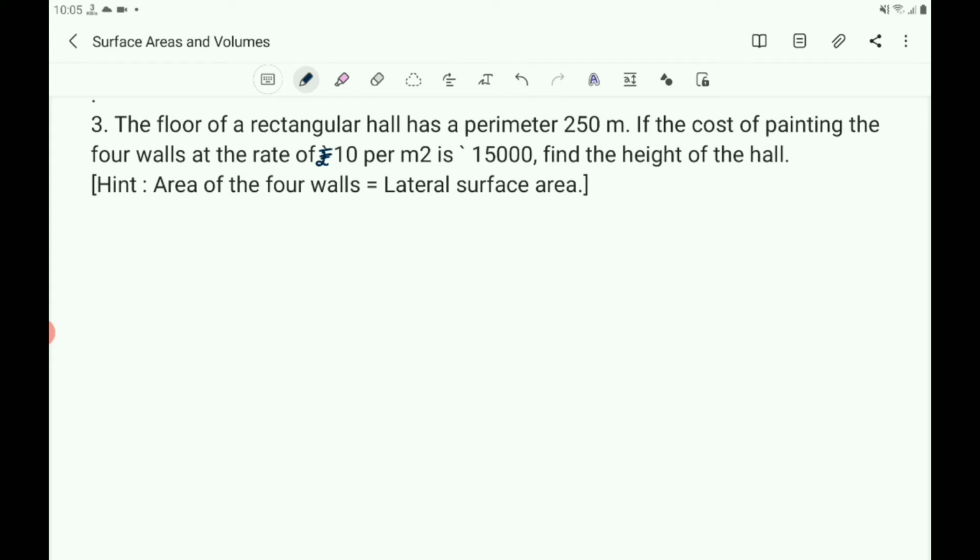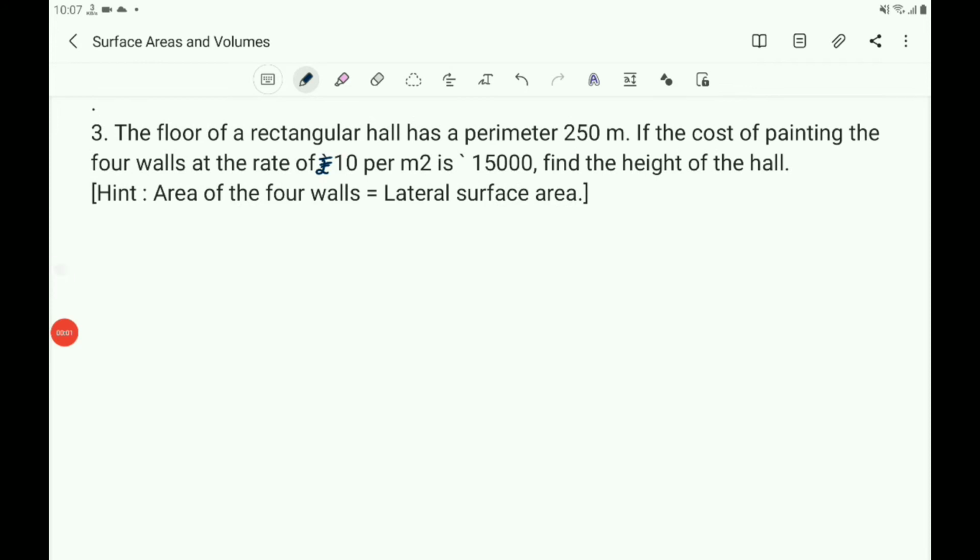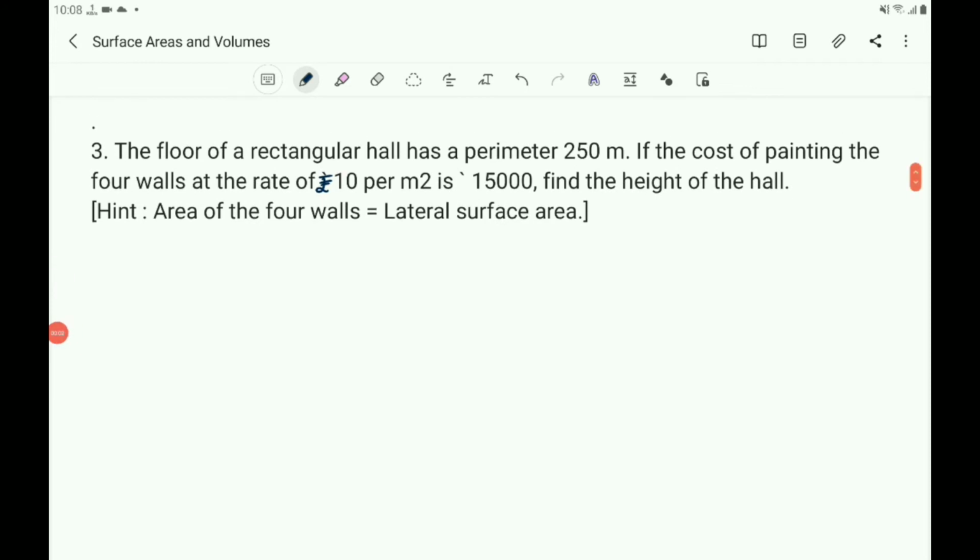The floor of a rectangular hall has a perimeter of 250. What is given here? Perimeter of a rectangular hall is given. Then you know the formula to find the perimeter of a rectangle. So you write the solution.